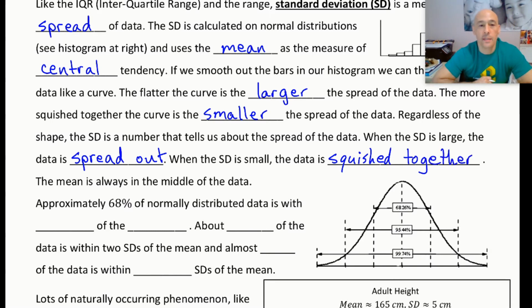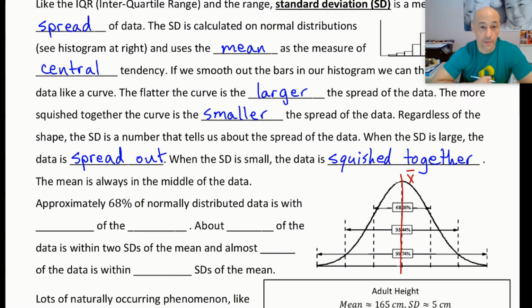The mean is always in the middle of the data. So the mean we can think of like right there, right in the middle. Remember, mean is x bar. That's the symbol we can use to represent the mean.